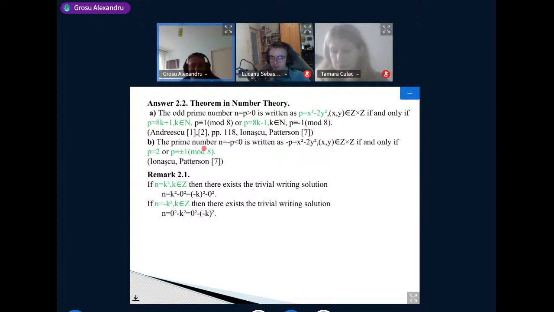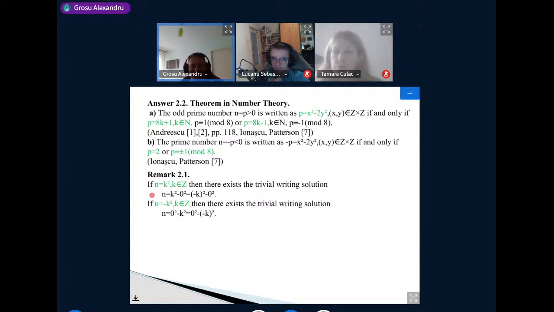And the prime number n equals minus p smaller than 0 is written as minus p equals x squared minus 2y squared if and only if p equals 2 or p congruent to plus or minus 1 modulo 8.